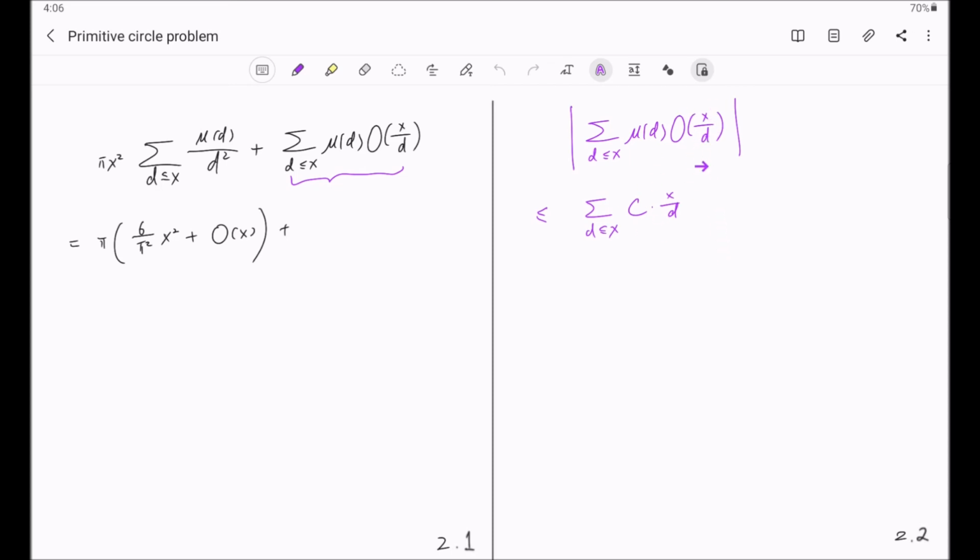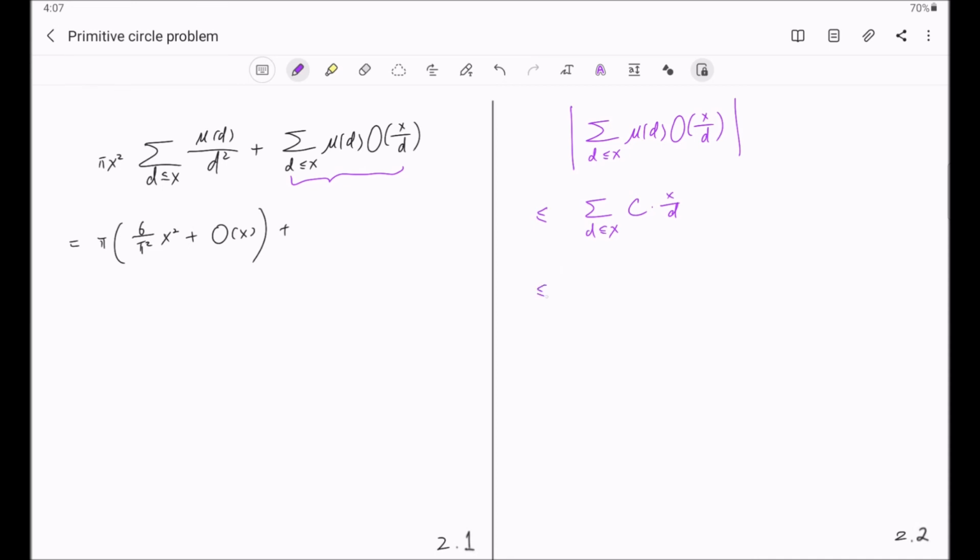It may not hold in general that this is bounded by some constant multiple of the argument. But in this special situation for the Gauss circle problem, we can actually see that this holds as long as x is greater than or equal to d, or x over d is greater than or equal to 1. That is the subtlety here. If you understand this part, the rest won't be too hard.